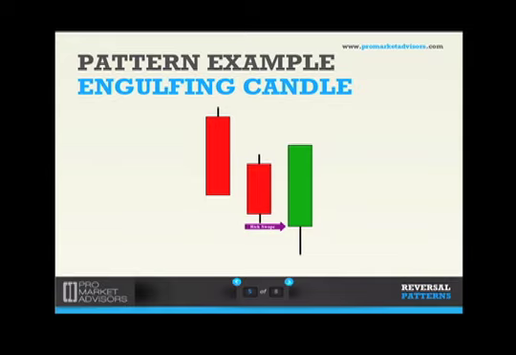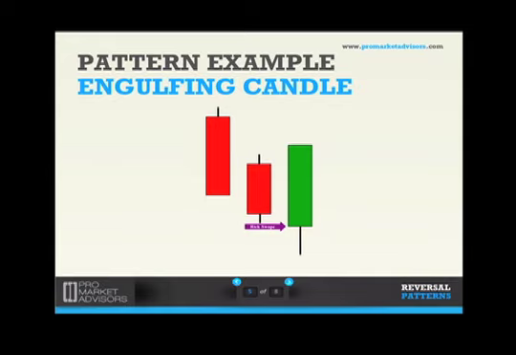Why? Well, we've got a downtrend in place, and in the middle of this downtrend, it gaps down. Doesn't get a whole lot more bearish than that. So we know that clearly the sellers are in control. But that's the big caveat with all of these reversal patterns.